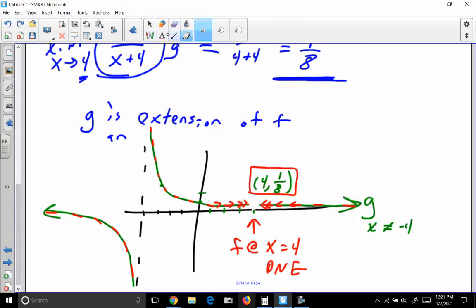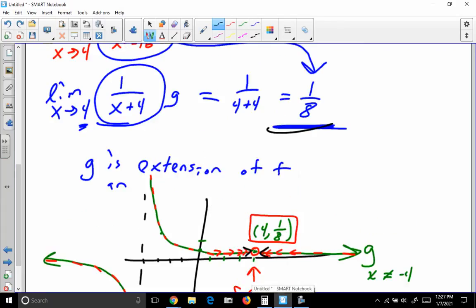With f, we've got a little bitty part of our graph missing where x is 4. With g, we don't have a gap. We include that. But with f, we don't. But limits, remember, a limit is what we're going towards. So whether there's a point there or not, both functions are going to the same location. Hence, they're both going to 1/8.